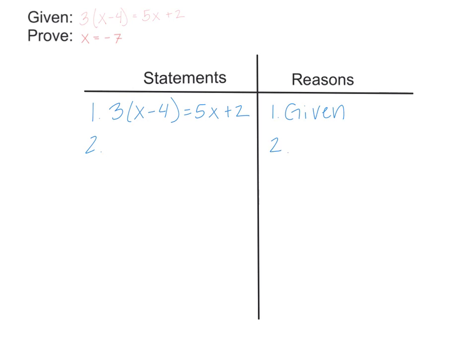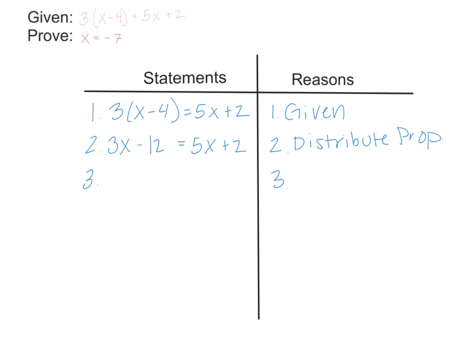In our first step, we bring the 3 and multiply it by x and negative 4, and that is called the distributive property, or POE, I don't care. 3x minus 12 equals 5x plus 2. So either distributive property or distributive POE.